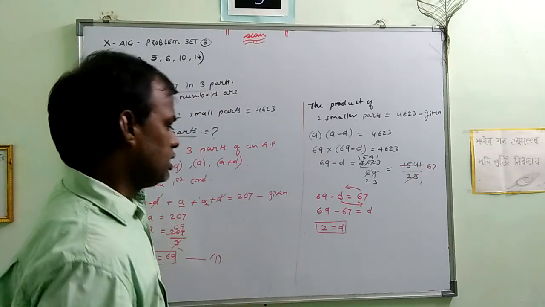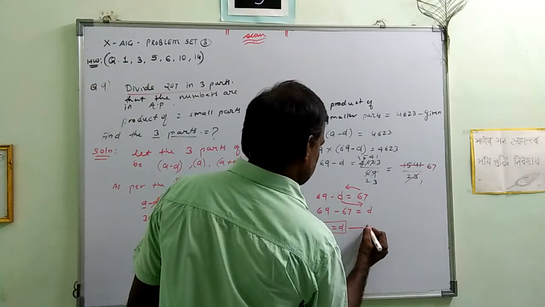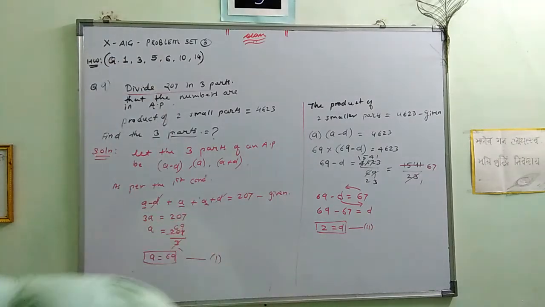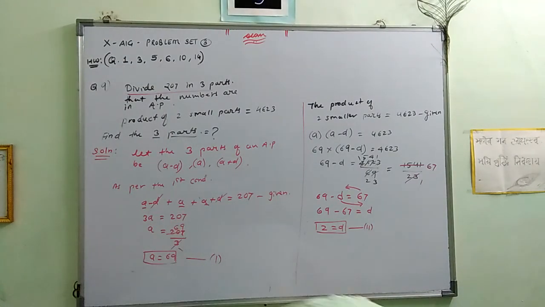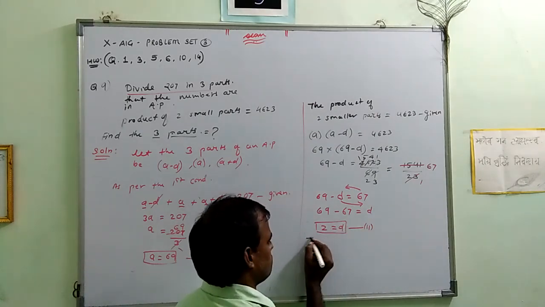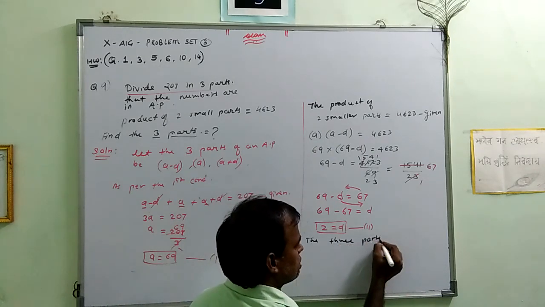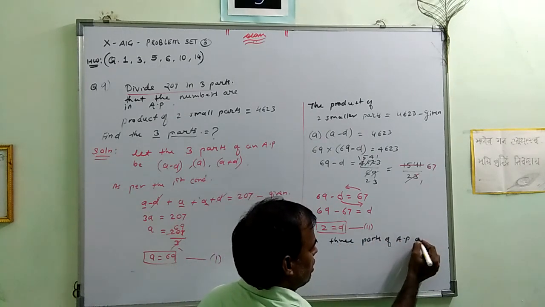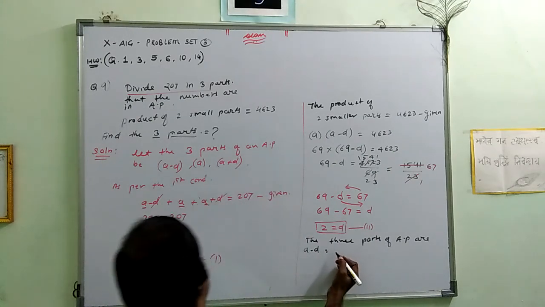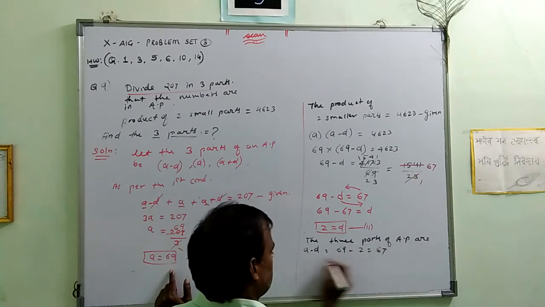Now we have A, we have D equals to 2. Therefore the 3 parts of AP are A minus D, that is 69 minus 2, 67.